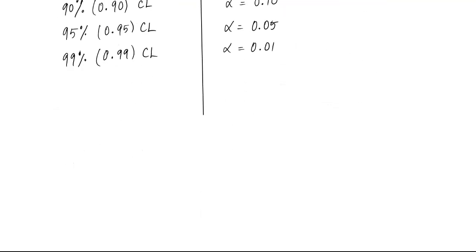Now, suppose I gave you this confidence interval, a range of values: 0.405 less than P less than 0.455, where P stands for the population proportion.